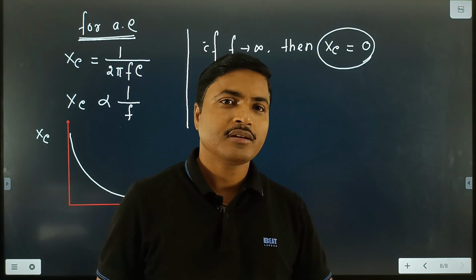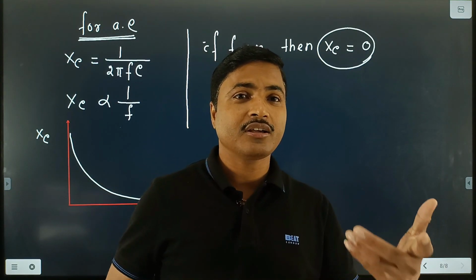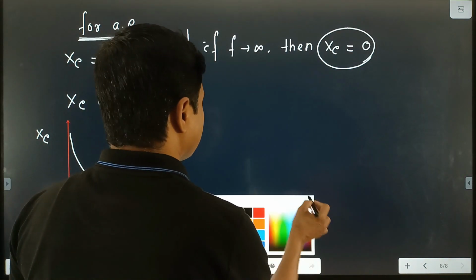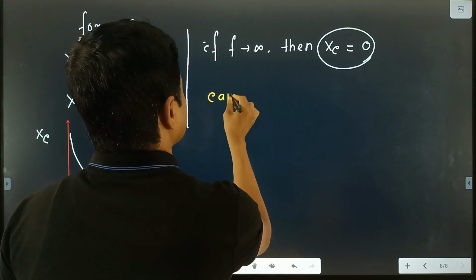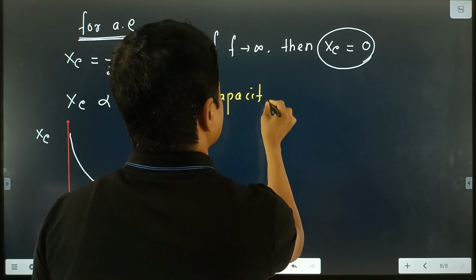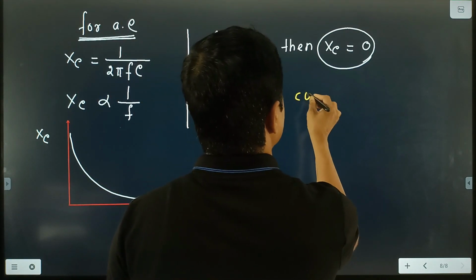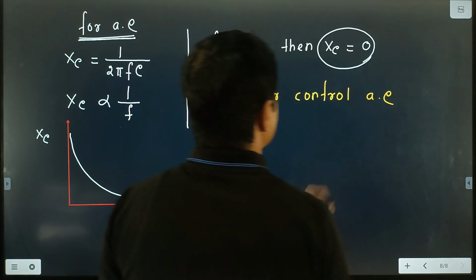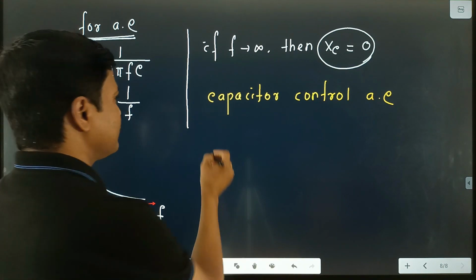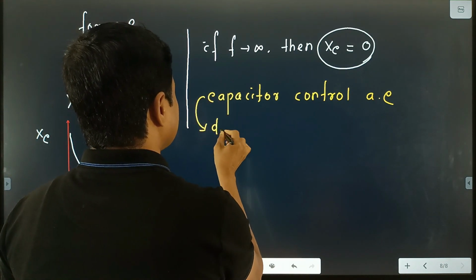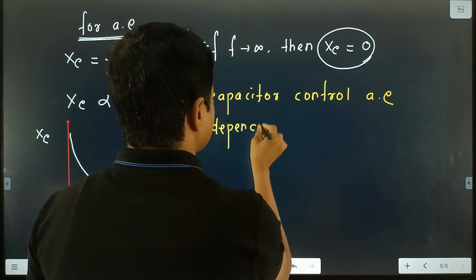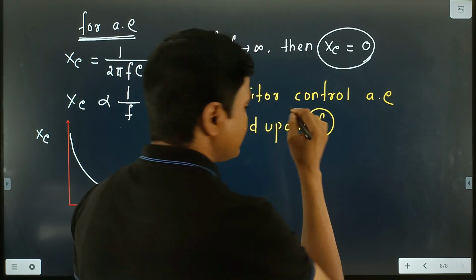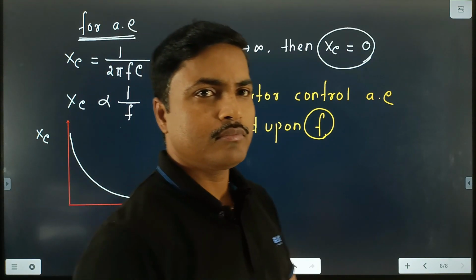That means the capacitor simply controls the alternating current. We write: capacitor controls AC, and that depends upon frequency f, clear?